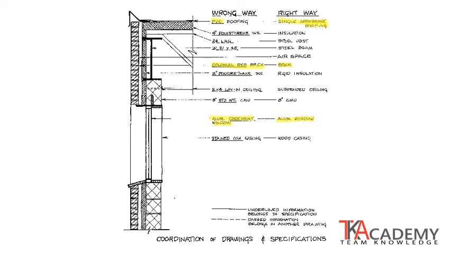If the project was originally designed for PVC roofing and a value engineering alternative is to go with an EPDM roofing, if I labeled the material type on the drawings, for every single detail pertaining to roofing I would have to change that keynote. But if it is kept to single membrane roofing, well, both PVC and EPDM are single ply membranes. I could just simply change that specification section and make the change for the entire project without having to make any modifications within the drawings.